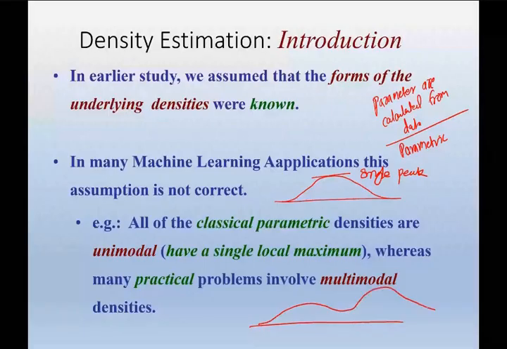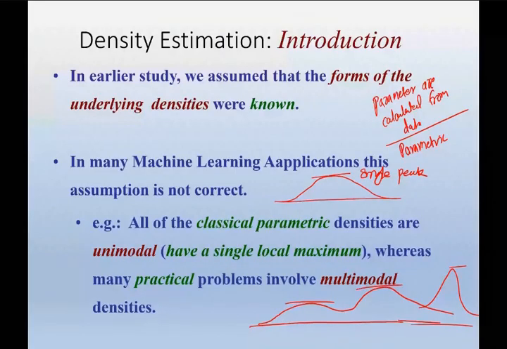So there are say two peaks, one here and the other here. I may have a third here also. If there are multiple peaks in my data distribution, then assuming a normal distribution, that is only a single peak, is not a good idea. I hope you got this point.